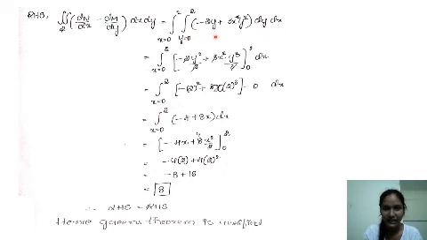Here integrate y is equal to 0 to 2 of minus 2y plus 3xy square dy, will be minus 2y square by 2 plus 3x into y cube by 3. 3 cancel, 2 cancel, from intervals 0 to 2.